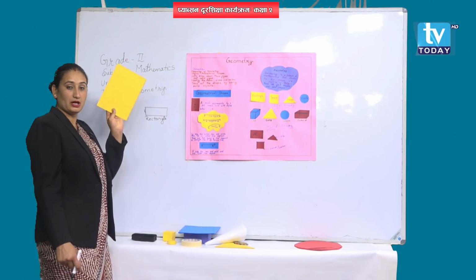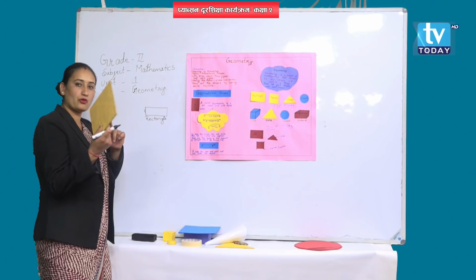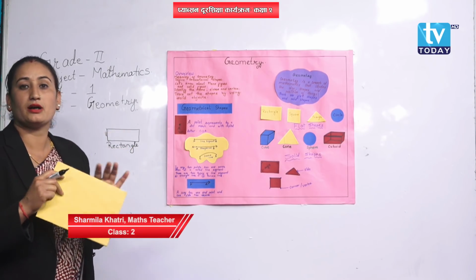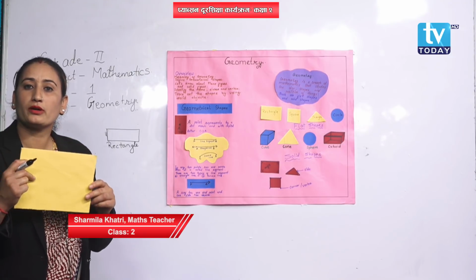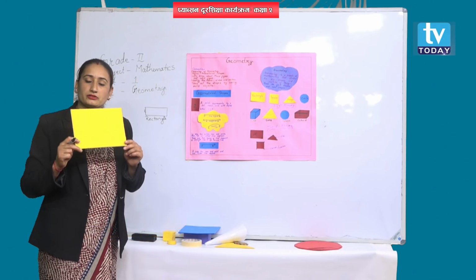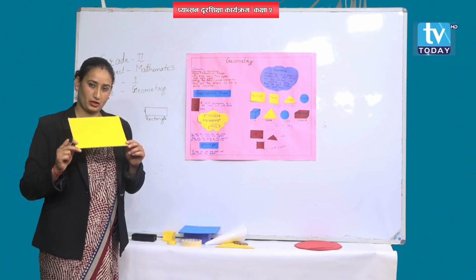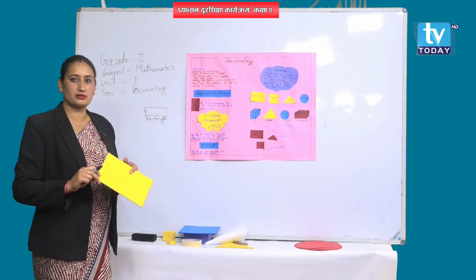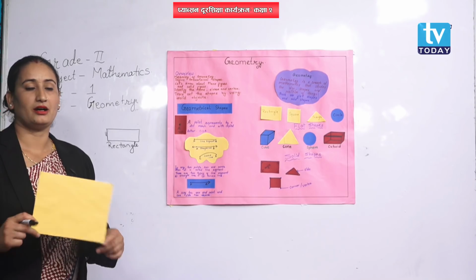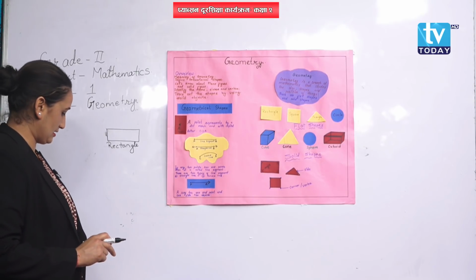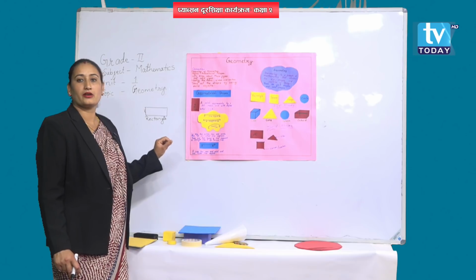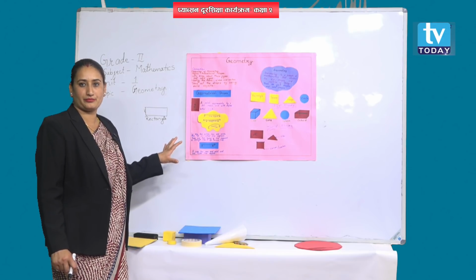So you can trace it from your own notebook and on your paper also, because books, notebooks and papers are all rectangular in shape. But it seems very big in size, right? Next, the board which we are using is also rectangular in shape.